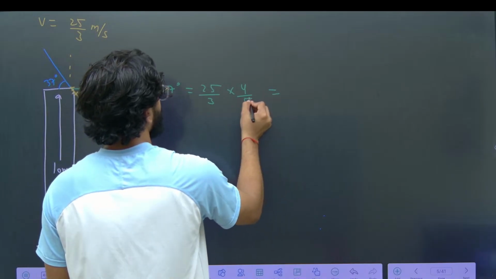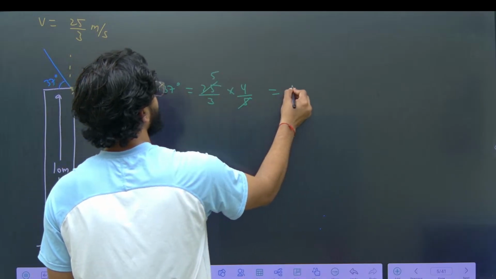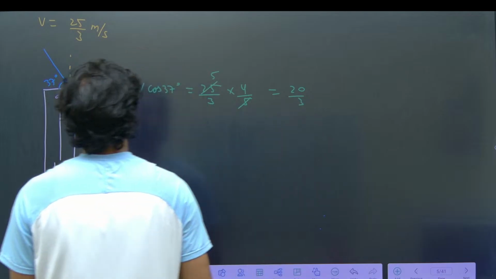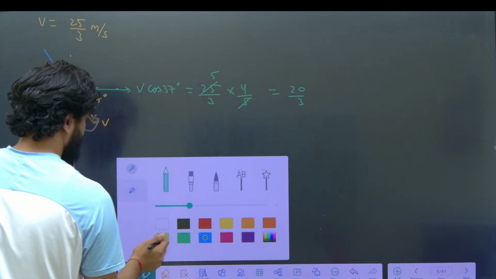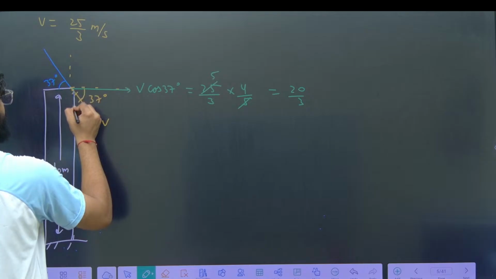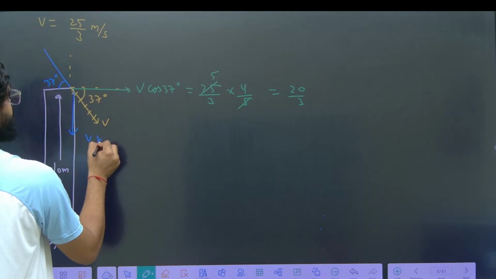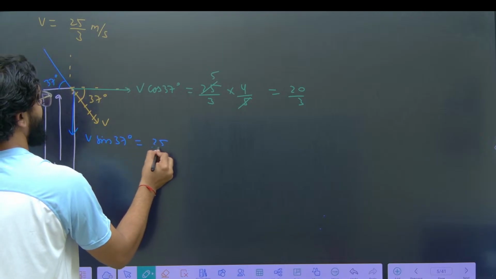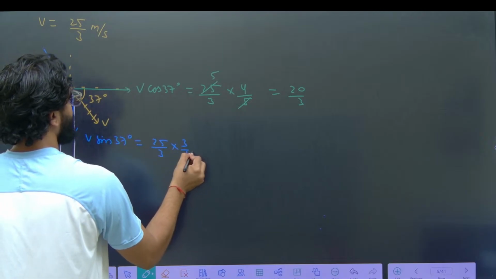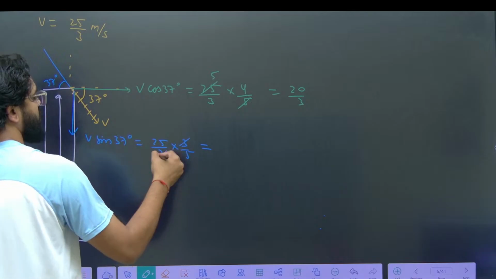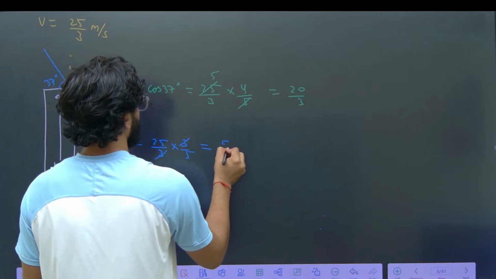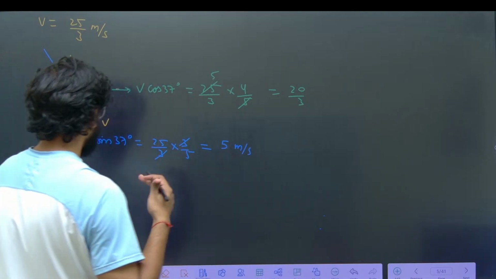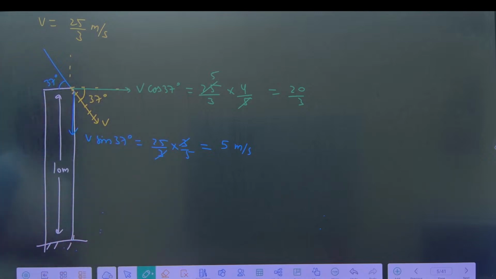So at least a few good numbers: 20 by 3. And from here, uy is V sin 37, which is 25 by 3 into 3 by 5, so that will be just 5. Now these numbers are looking nice.